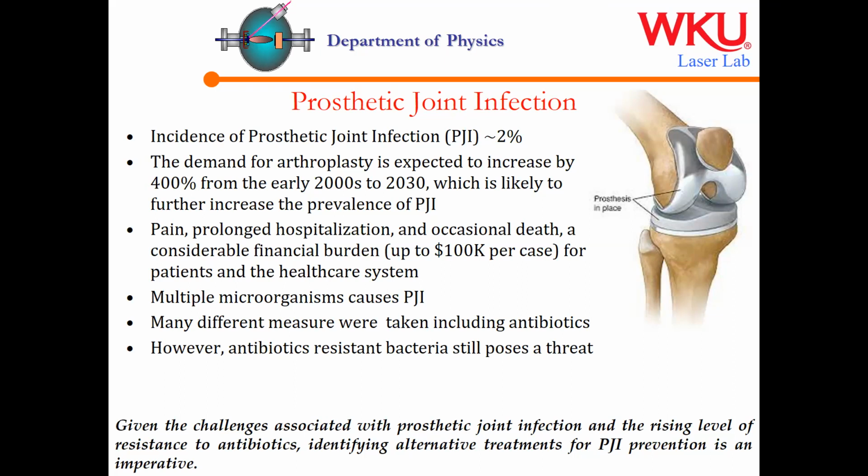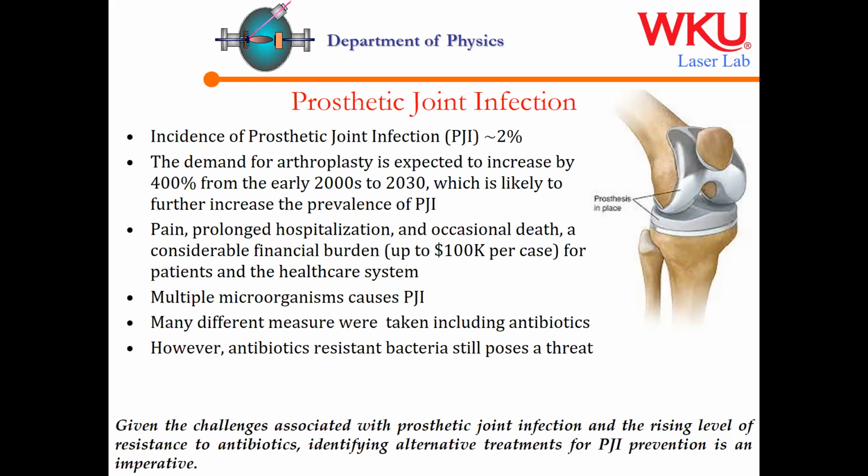We know that multiple organisms cause prosthetic joint infection, including gram-positive, gram-negative bacteria, and many other organisms. Many different measures were taken to prevent prosthetic joint infection, such as using antibiotics.